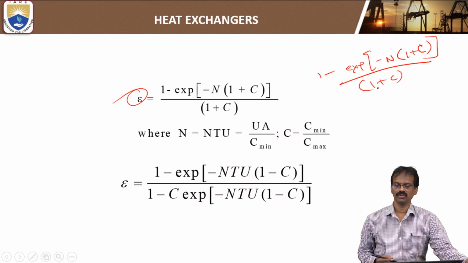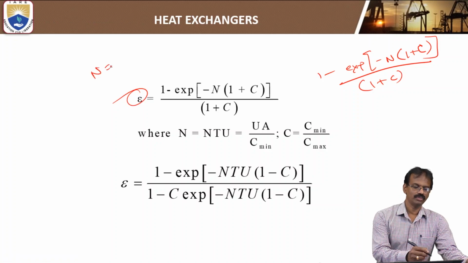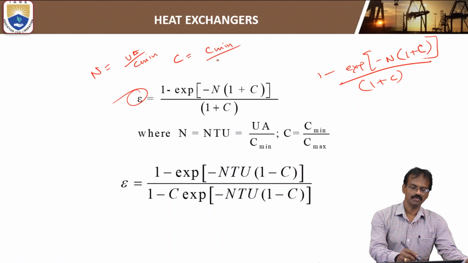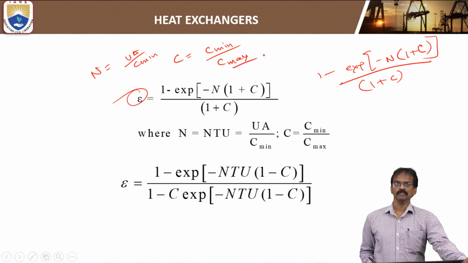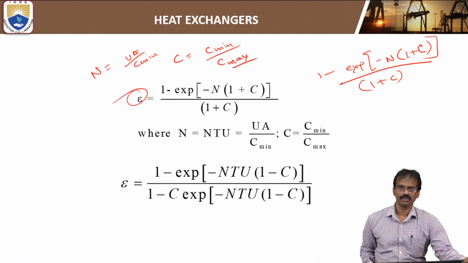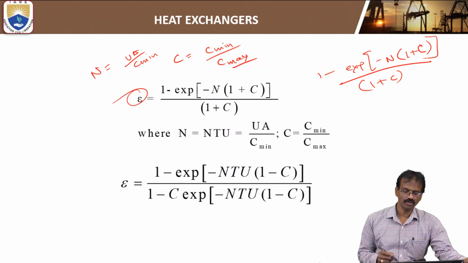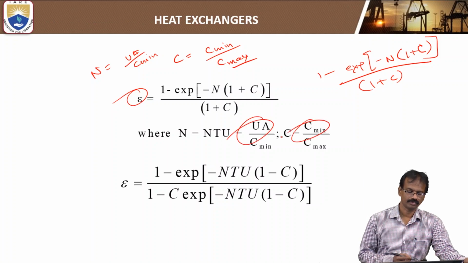So this is the formula, where n is the NTU. NTU is equal to UA by C minimum. You know this one. C is nothing but C minimum by C maximum. You know these formulas. By using these formulas, we will solve the numericals.